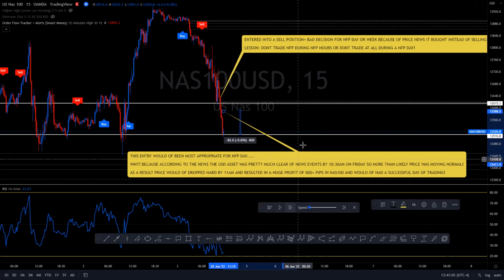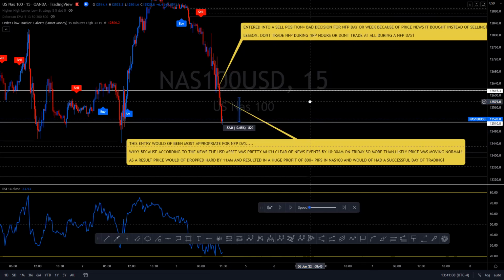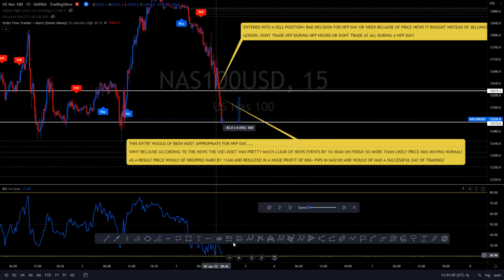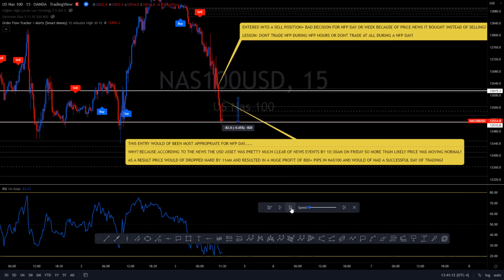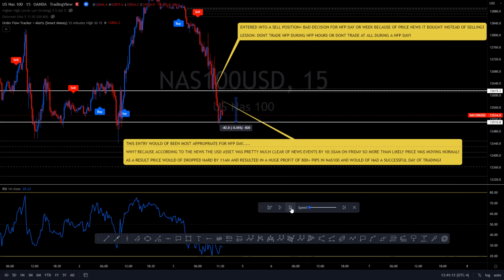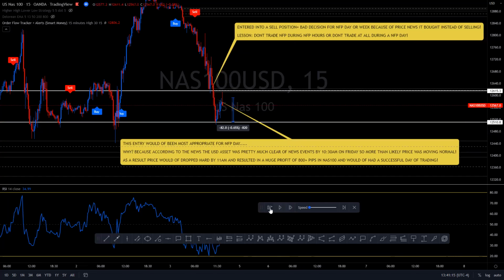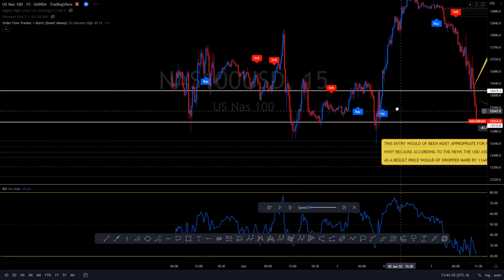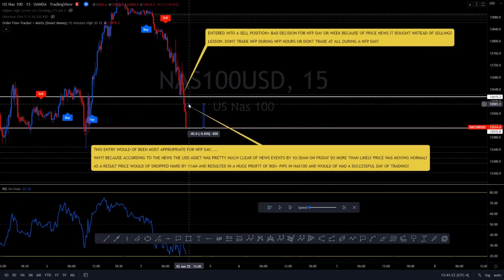Now let's see if price ended up going down even further. Just a little bit curious. Probably didn't because it's at the bottom. Yeah, and then of course price started pushing up, which is understandable. So we would have been done right here. Would have popped just a little bit here, boom.